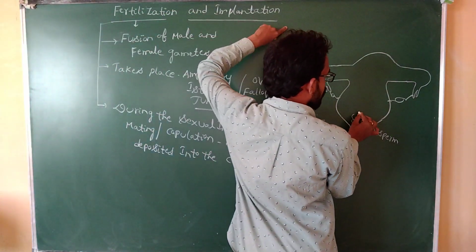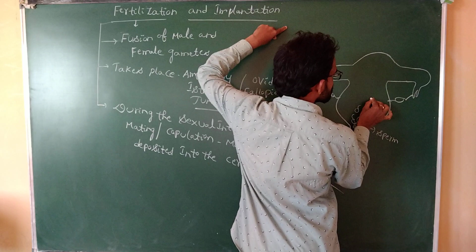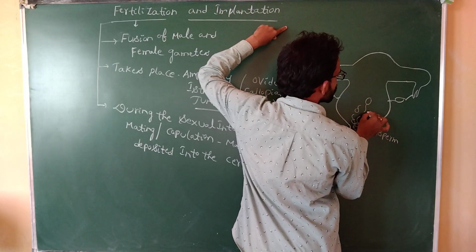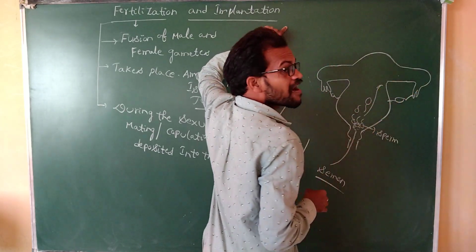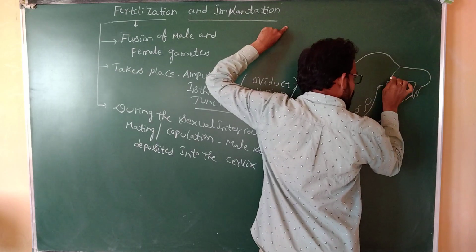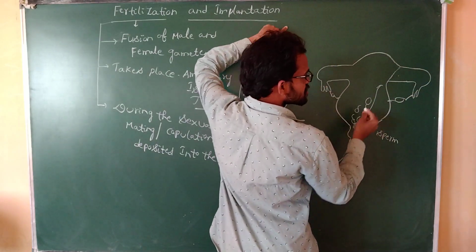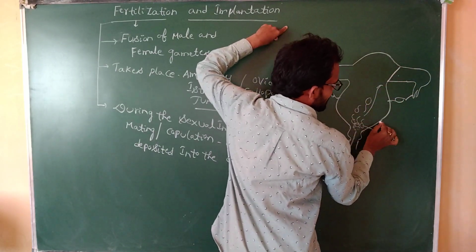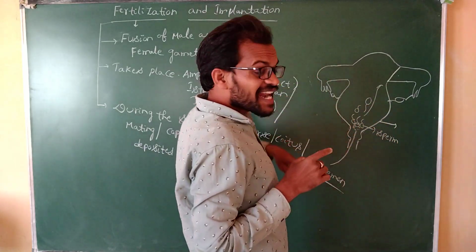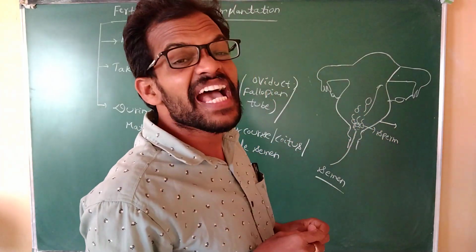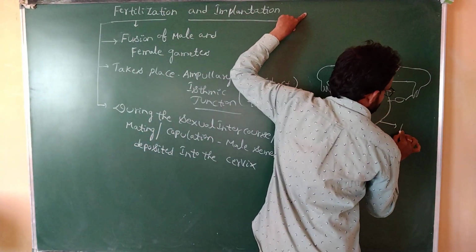How do the sperm cells reach the fallopian tube? Through sperm motility and contraction of the uterus with the help of prostaglandins.